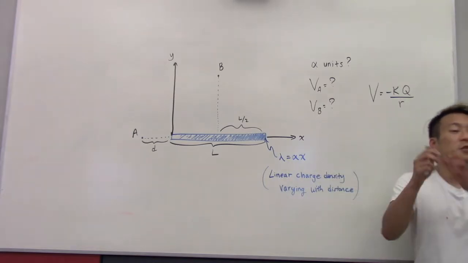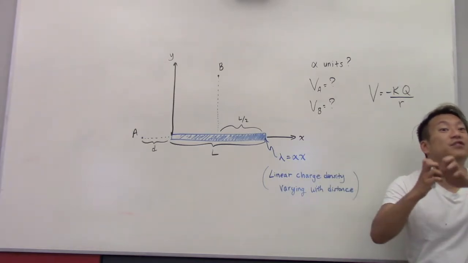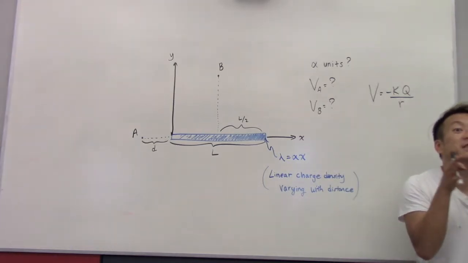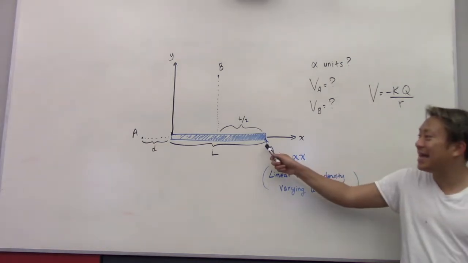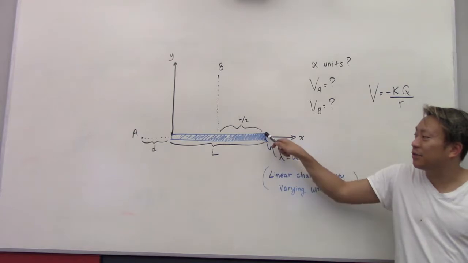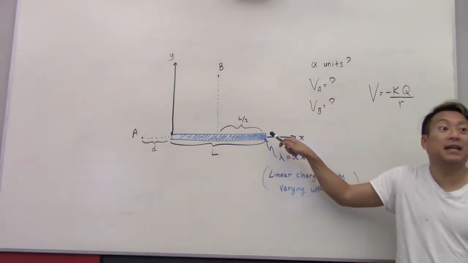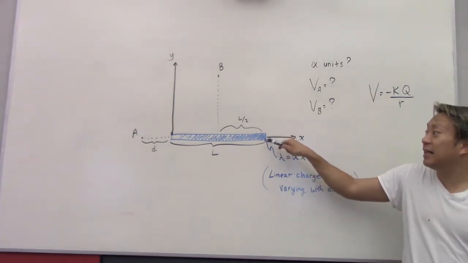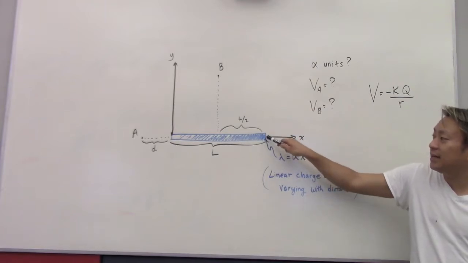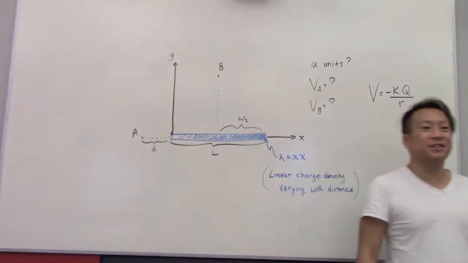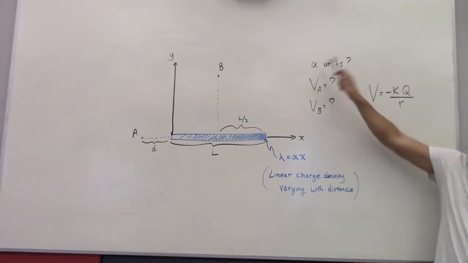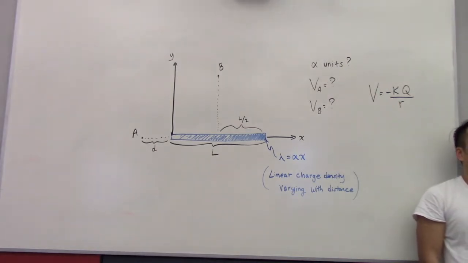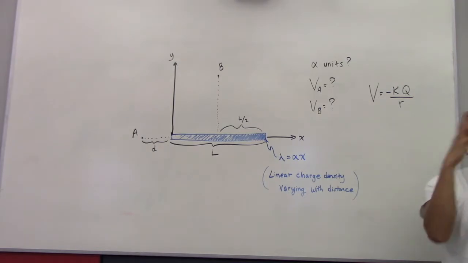So the linear charge density is increasing as a function of its own distance along the rod. That's why at the end here, I would draw the blue dashed lines representing the amount of charge. It's charged a lot here, but not when you go back to the origin. And the question is asking, what are the units of alpha? So this tells us to look at that conceptual framework.